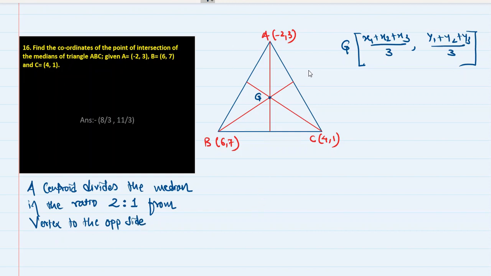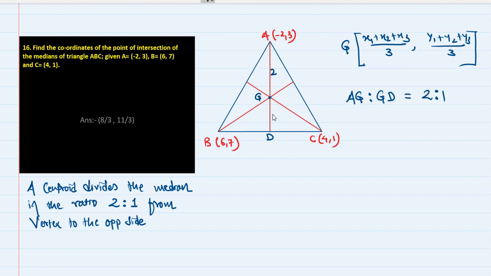So in this figure we can easily make out, if we apply this property of the centroid, that AG is to GD, let's take this point as D. We don't need to take all three medians; any one median will do and we'll get the answer. AG is to GD is 2 is to 1.